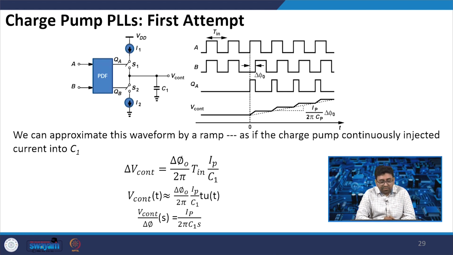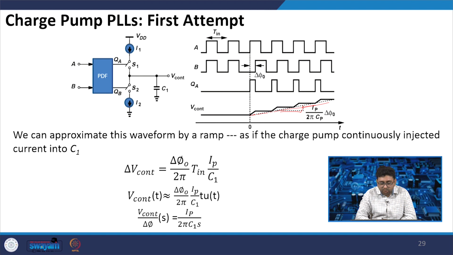Now, if we want to find the transfer function for the PFD, charge pump and C1, we can approximate this waveform by a ramp.